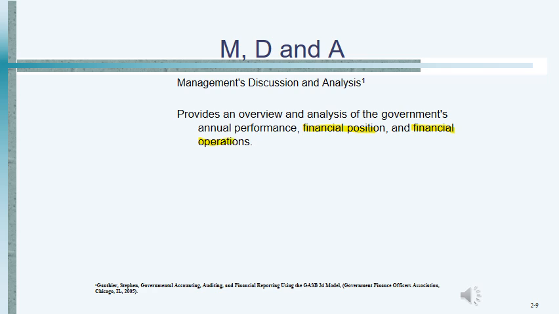So they're going to highlight the balance sheet, although we call that a statement of net position for government, and they're going to highlight the financial operations, the income statement. Now they're not going to repeat everything that's in the statements. If users want the details, they can look at the statements themselves, but they will be providing information that analyzes information reported on the statement of net position and the income statement, which we call the statement of activities at the government-wide level.